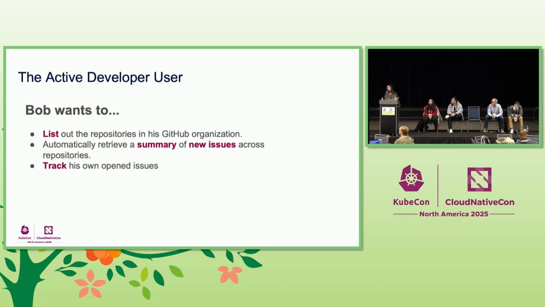Every morning he has to go to GitHub and see what the new issues and new PRs are, any updates, whether any are relevant to him, or whether he has to go to Slack and ping his teammates about it. These are all very repetitive things that a lot of active developers have to do. And he is definitely far too busy to learn the individual interfaces of GitHub and Slack and all the tools to write any of the automation scripts.